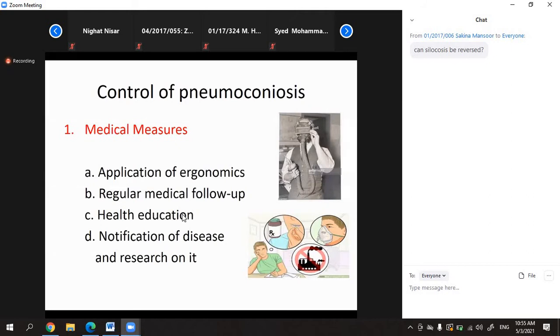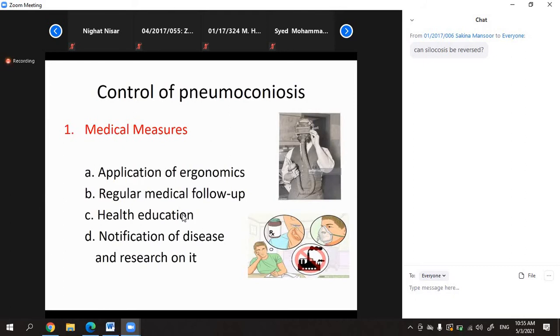Notification of the disease: if during the screening or periodical examination anyone is detected with signs and symptoms of pneumoconiosis, then it should be notified as an occupational disease to the concerned authorities.